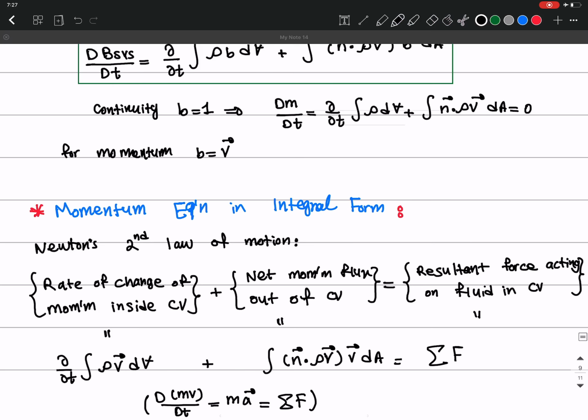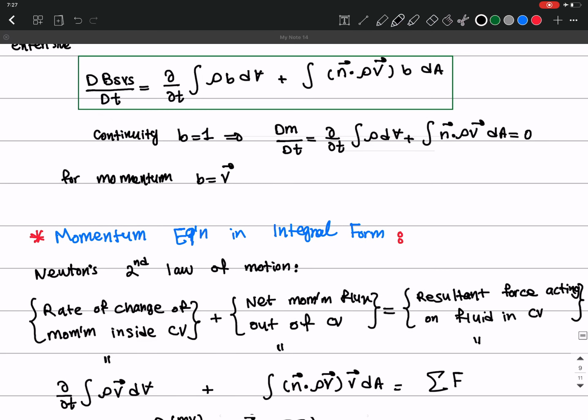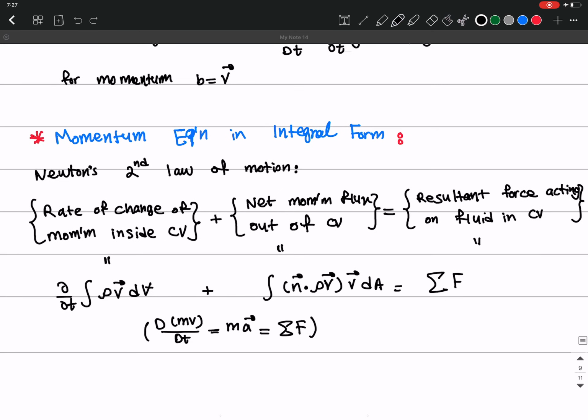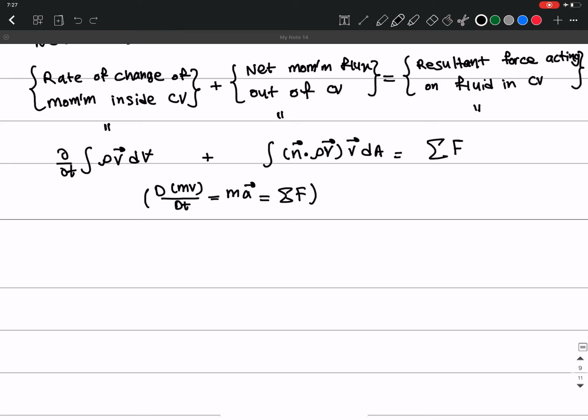And you can get this formula again by setting b equals to v in this formula, and you will get the same formula that is given here, okay?